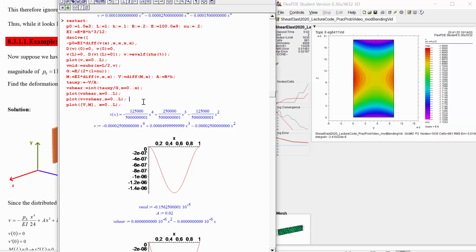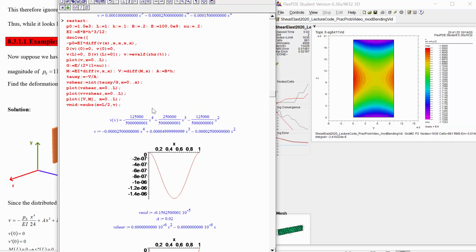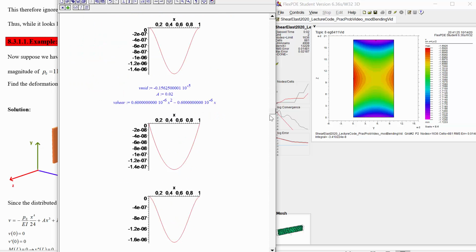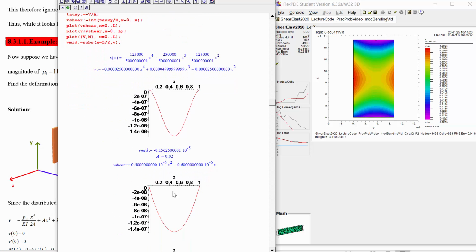One of the things in Maple that we didn't do here is include the shear deformation. So now that we figured out what V shear is, maybe we can see if the shear would be giving us extra agreement. Well, the shear is so small, it's on the order of, let's see, shear is around 1 E minus 7 here. And, yeah, so that is around the difference between these two.